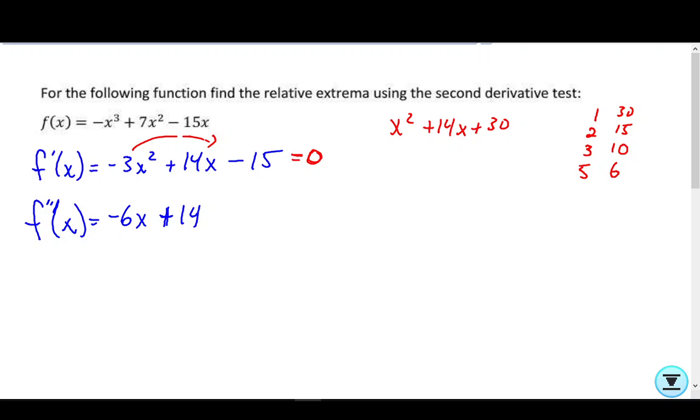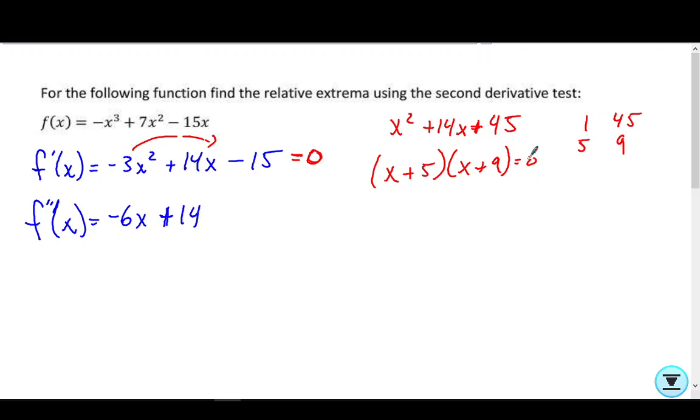Oh, I misdid it. This should be plus 45. And that's why it didn't make any sense. So 1 and 45, then it would be 5 and 9. So we're going to use 5 and 9. So x plus 5 and x plus 9.